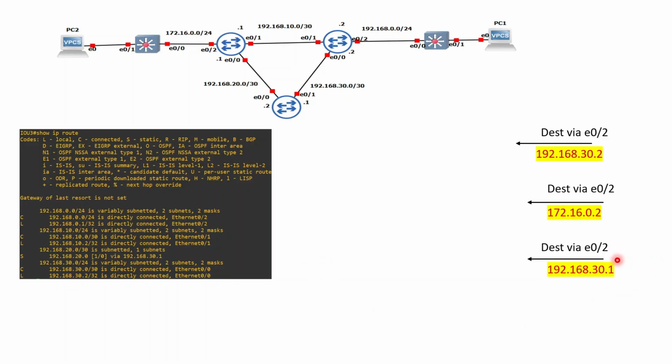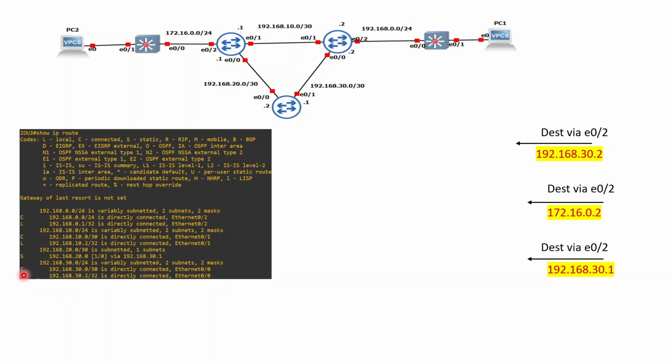Now, let us see which interface the router will use to forward this packet to the destination network. Do you remember the principle that is going to be used by the router? The interface with the most specific address is going to be used by the router as the best path to the destination network. Now, from our routing table, which entry contains the best route to the destination network?